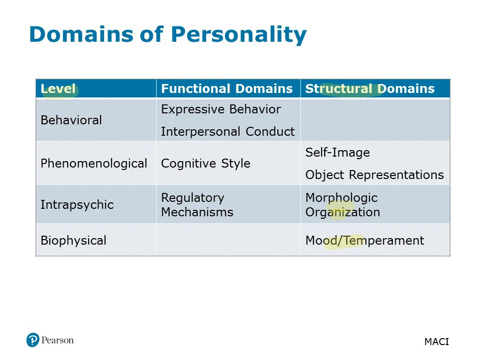And if you look at these data levels, you will see the evolution of the field of psychology, because if you think, for example, down here at the bottom, mood and temperament under the structural domains actually falls under the biophysical model, and the biophysical approach to thinking about maybe treatment and approaches to therapy, for example.